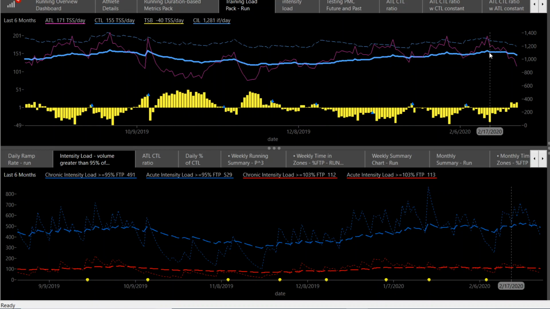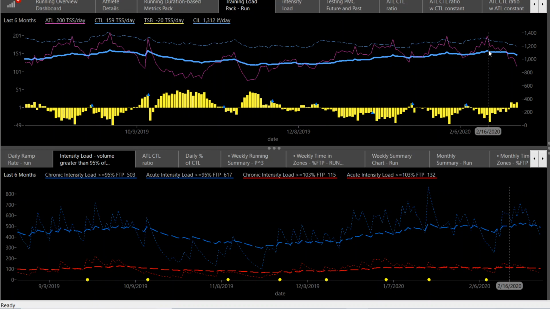So that is a crux here. You can look at training load, and that's telling you what your overall training load is when you're looking at both duration and relative intensity. But it doesn't necessarily tell you the intensity, what is the composition of that training load.